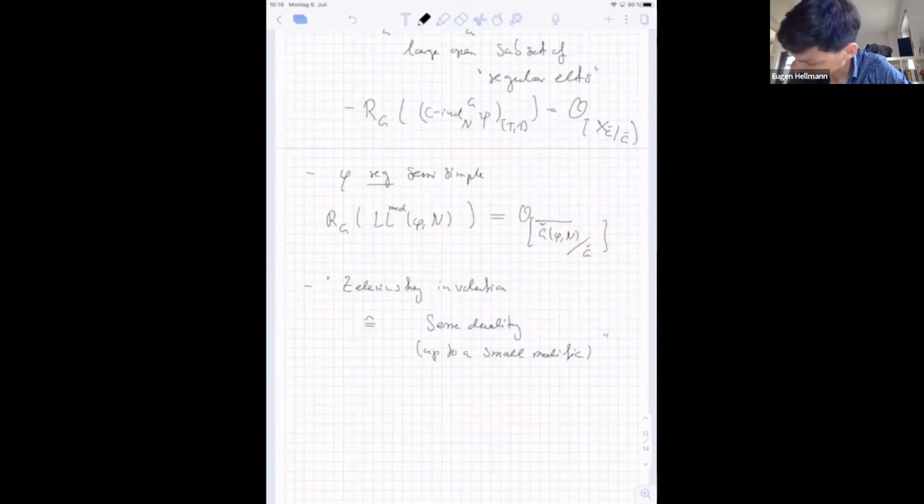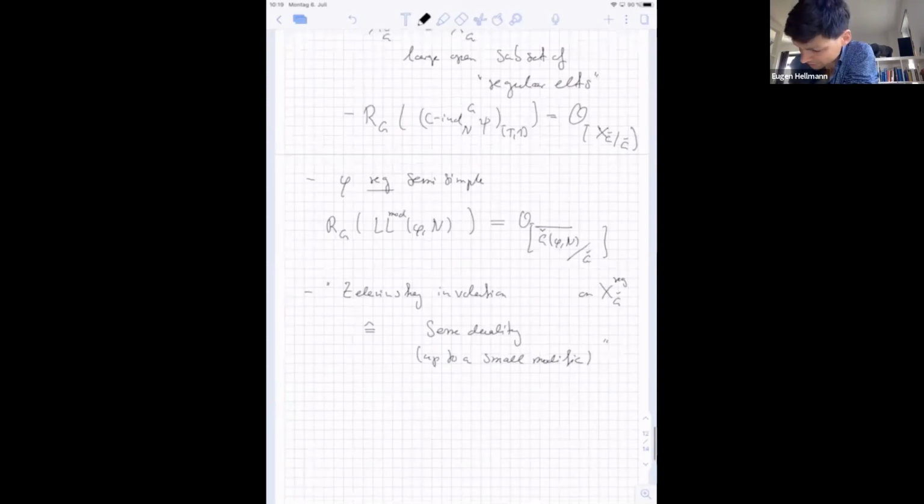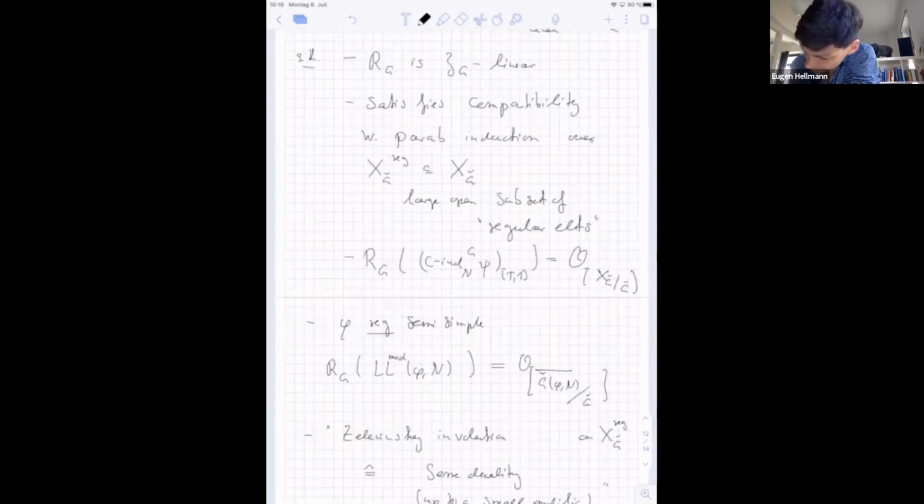Okay, and if I put this in the theorem, I should restrict to this regular subset, because yet I can't really prove everything I would like to be able to prove outside of this regular locus.